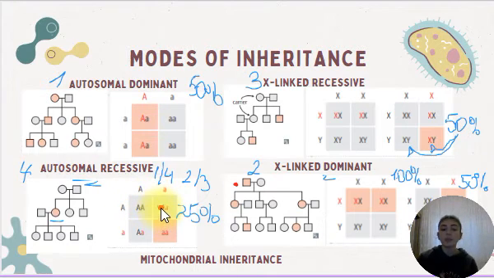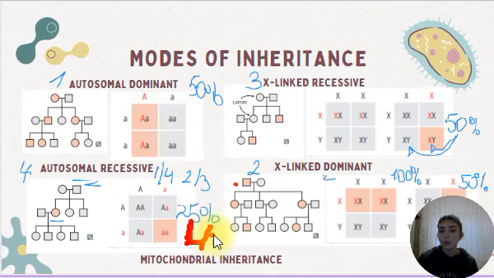Then in the autosomal recessive case, again, we try to make the least amount of affected children, and therefore, like here you see two homozygous recessive, here only one. Therefore, we take two heterozygotes and get 25%.